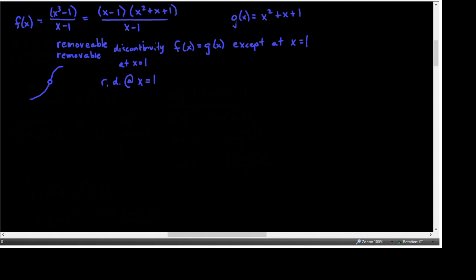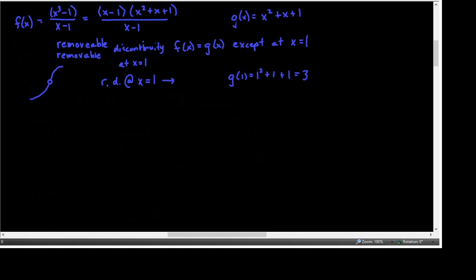Typically what we do is find a function that's equal to f everywhere except at that particular value that's no good for f, and calculate g of 1. I really hope I didn't accidentally say that was 4 earlier.